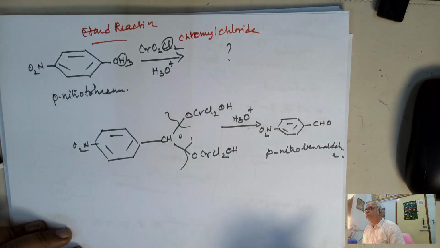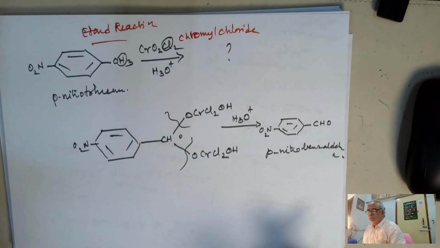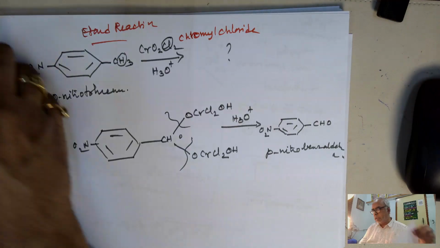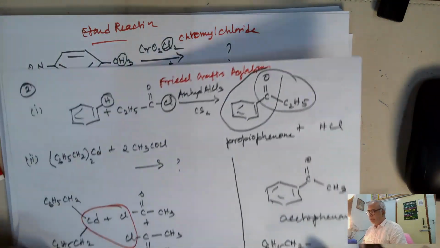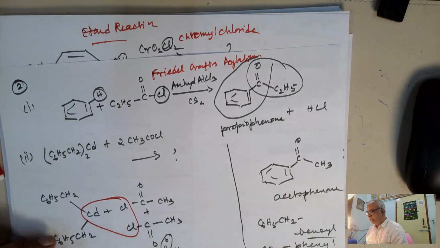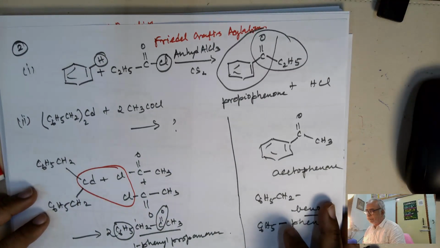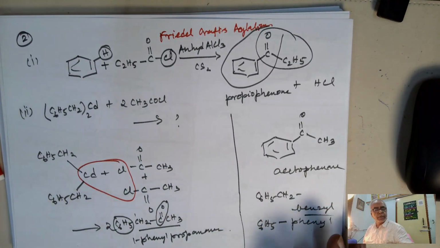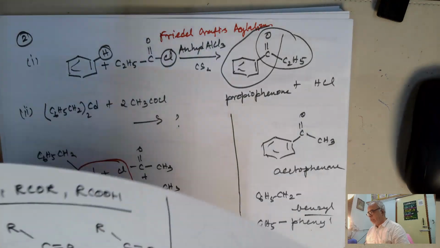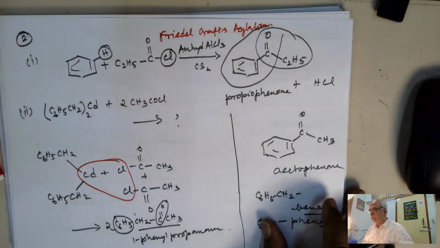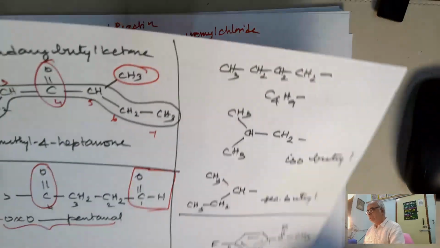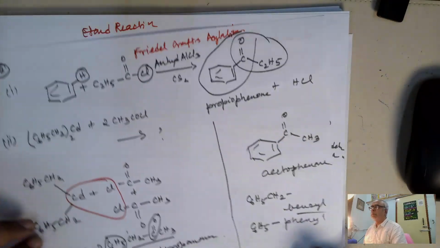So these are all very important features. Now you can find this question is based on the preparation of aldehydes and ketones. So when you study preparation, you have to be very careful about the specific reactions. So this is based on the Etard reaction, and this question is based on preparation.